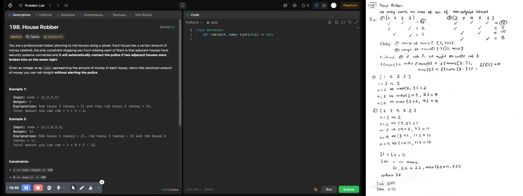And then we are gonna loop through the houses.